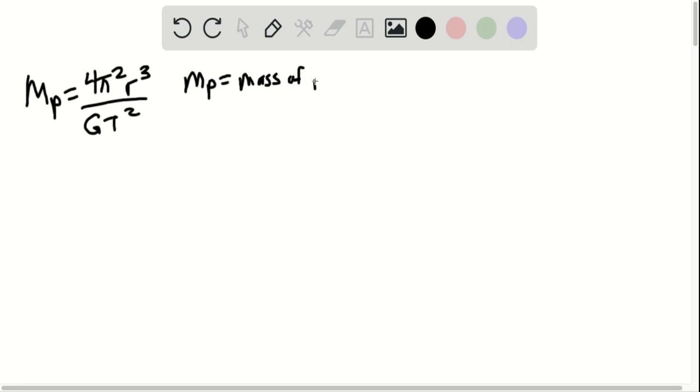M sub p equals 4 pi squared r cubed divided by G times T squared. M sub p is the mass of a planet.